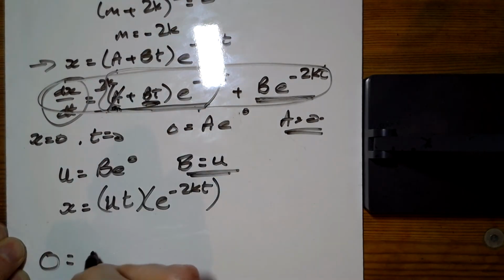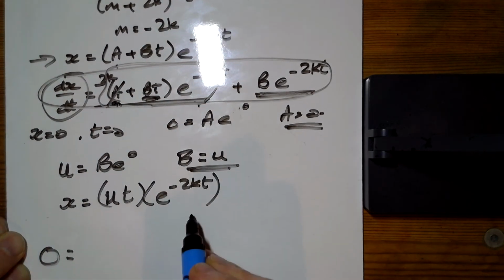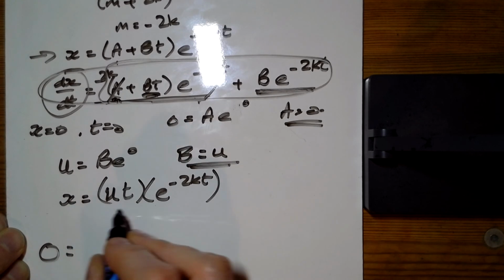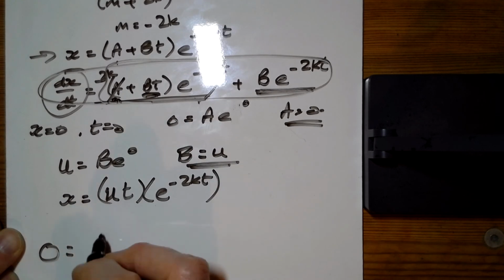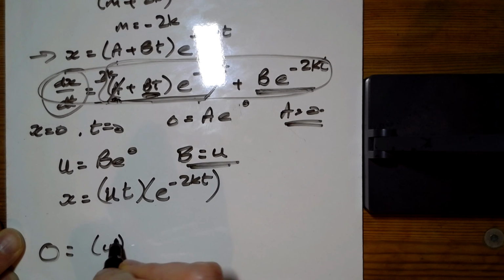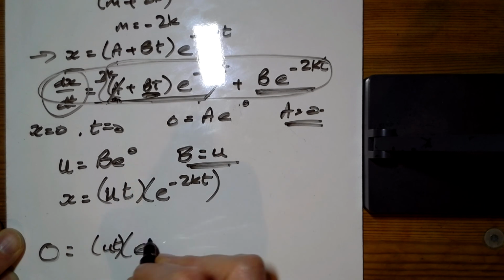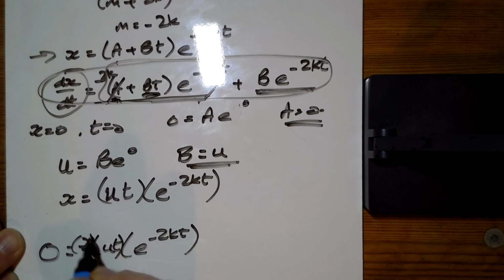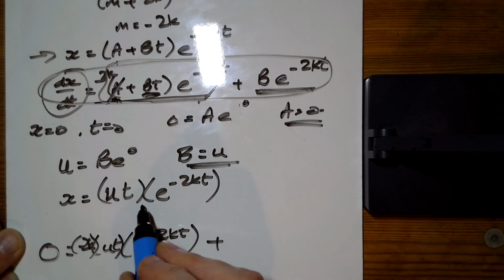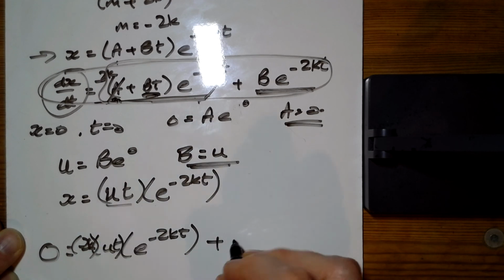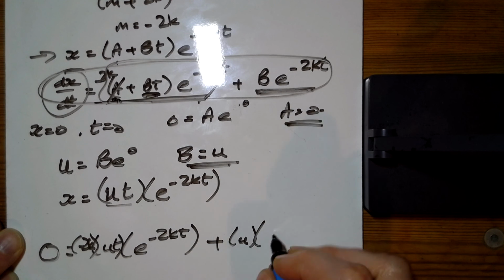So look, this differentiating, and really I'm just differentiating this again. Let's differentiate this with respect to t. Gives me, write that one down and differentiate this one. So I've got a minus 2k in front of us here, plus differentiate this one and write this one down.